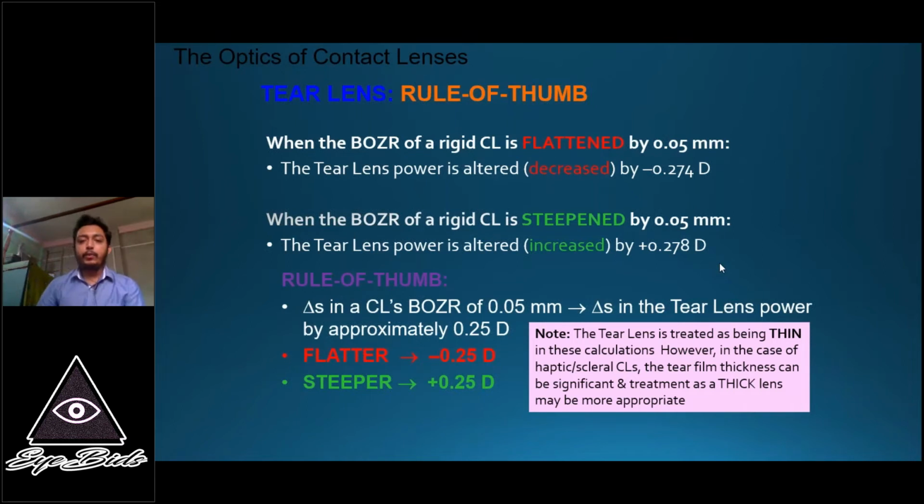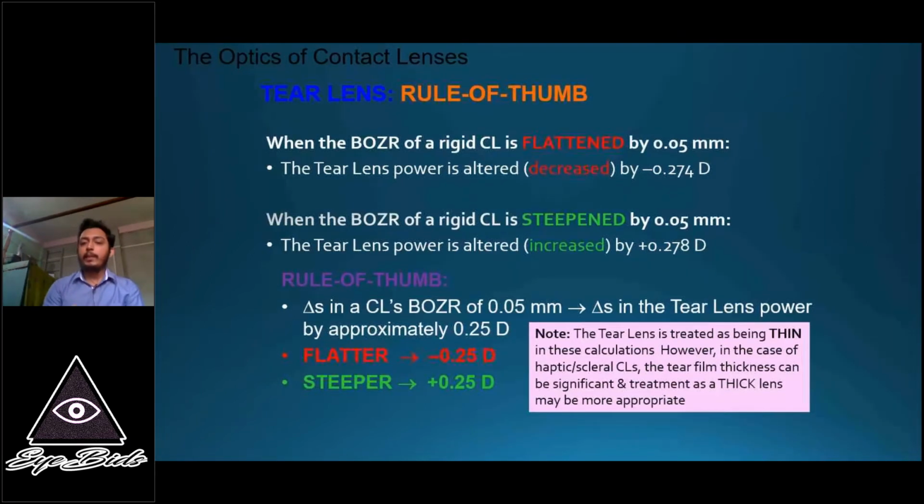Sometimes we will get confused whether the flattening and the steepening is 0.5 or 0.05. Obviously it is 0.05 because we are going from 7.8 to 7.85. For example, if you have 7.5 and you are going to 8 mm, from 7.5 mm to 8 mm, you are increasing the value by 0.5 mm.